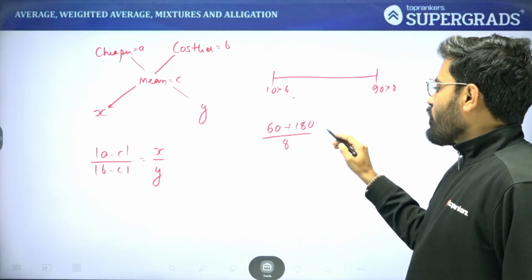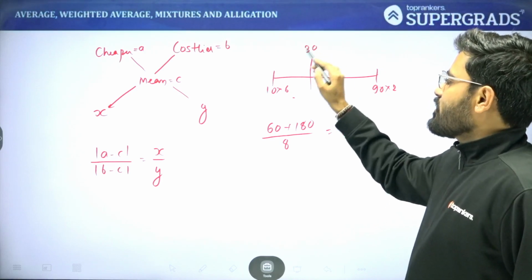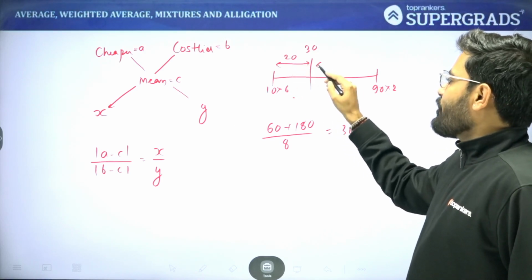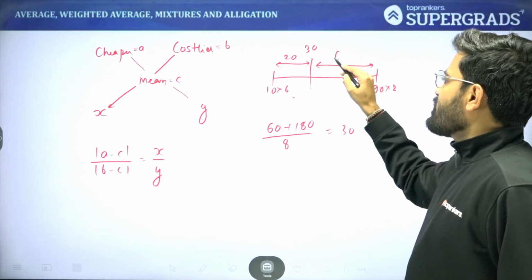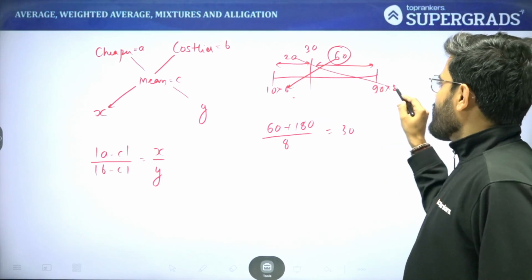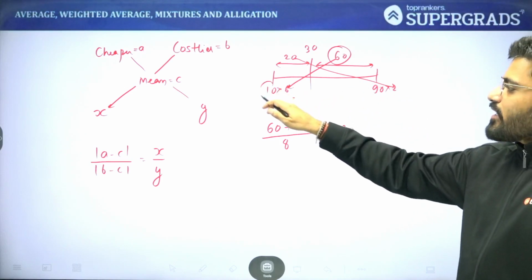So it becomes 240 by 8. So the average is 30. So here you can see the average is 30. So from here it is how many parts away? Only 20 parts. And from here it is how many parts away? 60 parts. So 60 is corresponding to 6, 20 is corresponding to 2. So how much contribution is of 6?